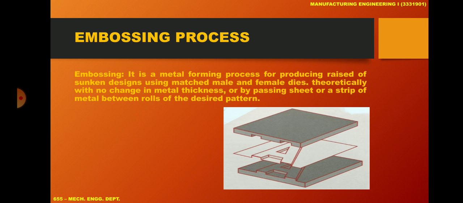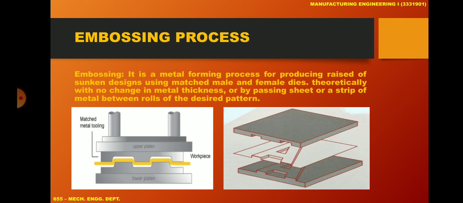So in this process, metal thickness remains unchanged, or by passing a sheet or strip of metal between rolls of the desired pattern. If we are looking for mass production, it uses rolls. So this type of process is known as the embossing process.